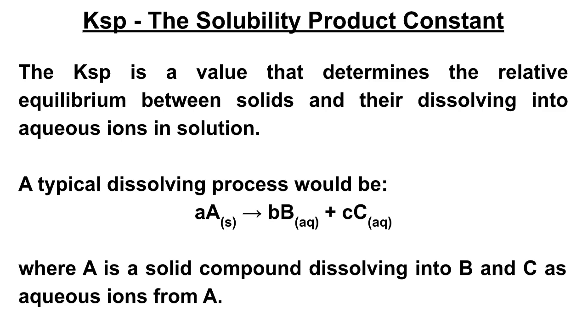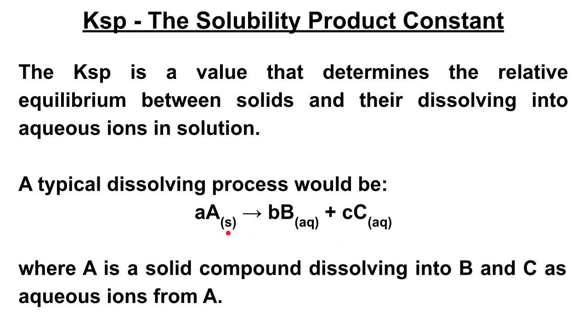So when this happens, and when you start dissolving, you need to realize that there's an equilibrium that exists between the solid state and the ionized state of these salts. And a typical dissolving process you can see right here would be aA dissolves into bB and cC.